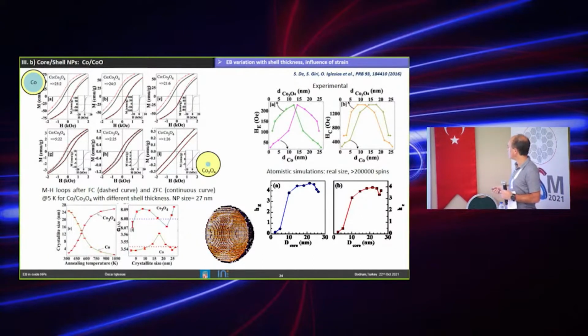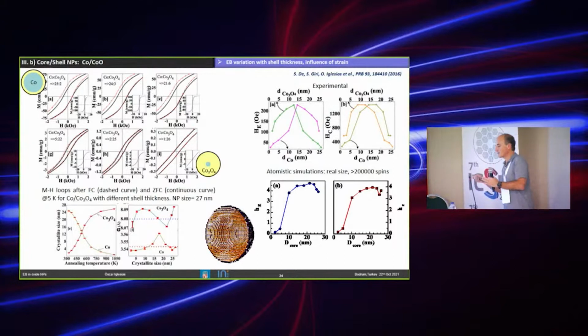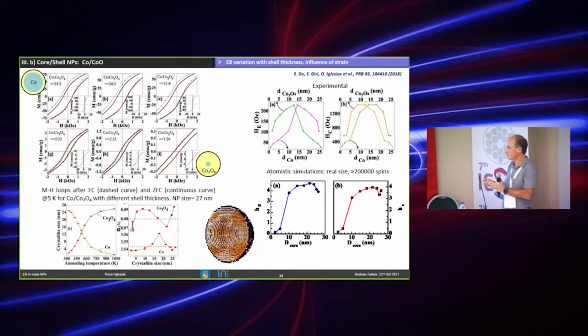And this translates in the appearance of a maximum of the hysteresis loop shift for some intermediate thickness, which corresponds to this lattice contraction and expansion, which means that in this case, what happens at the interface is that the stress generated there because of the presence of the thick shell is inducing some increased surface anisotropy, which again increases the exchange bias field.